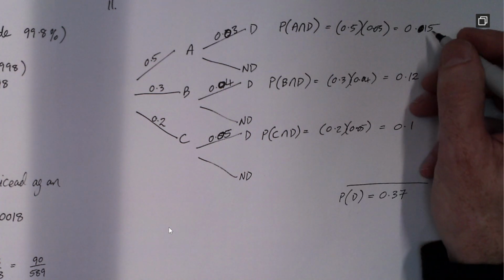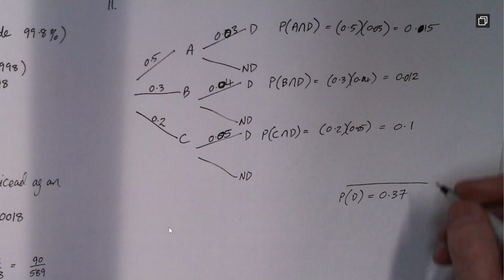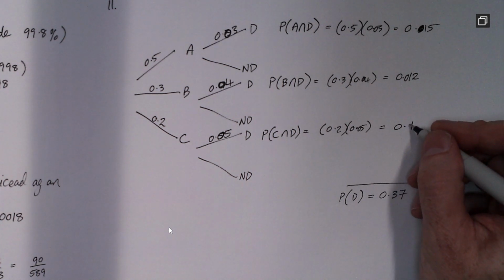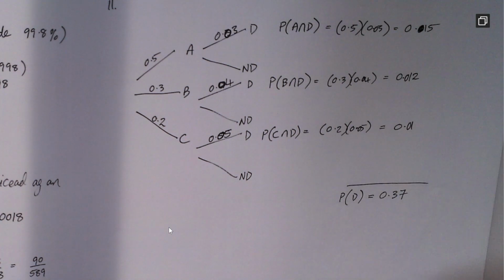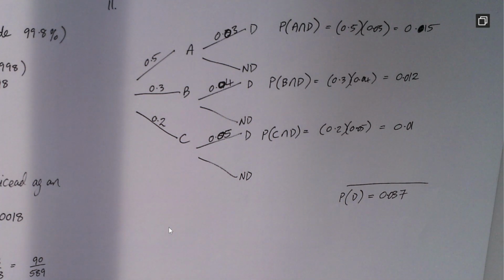So it is 0.015, 0.012, and 0.01. So it is 0.037. Is it okay again?